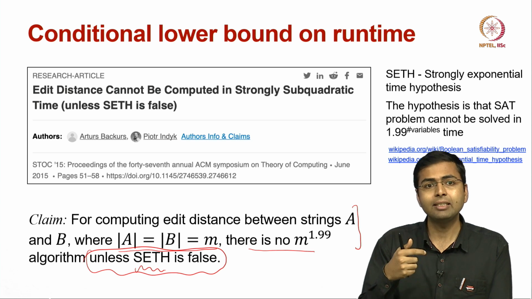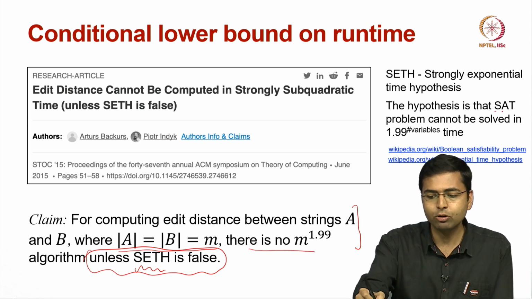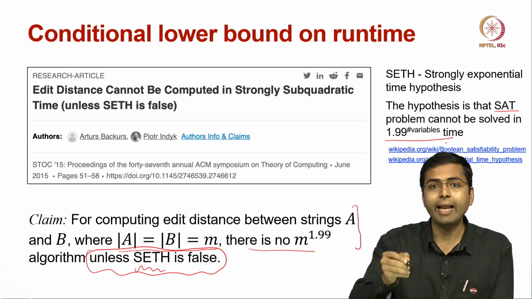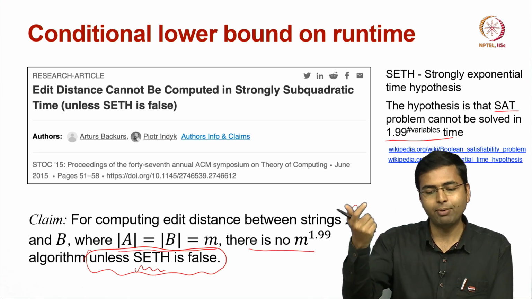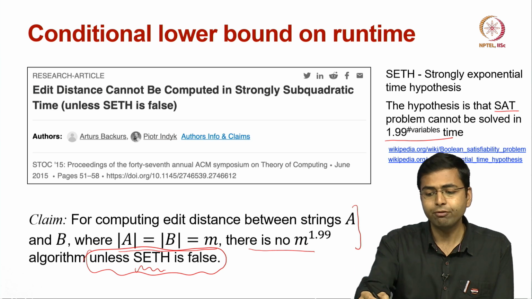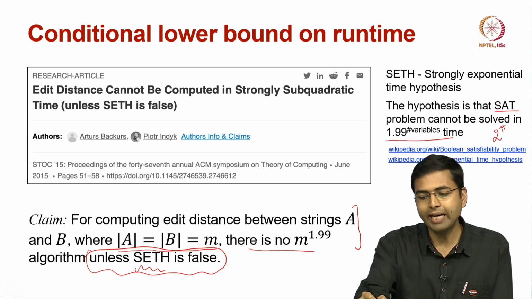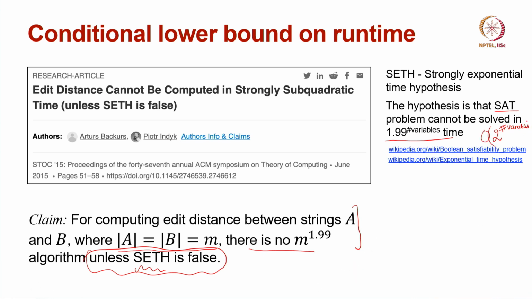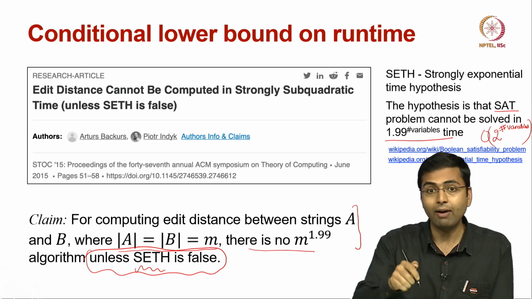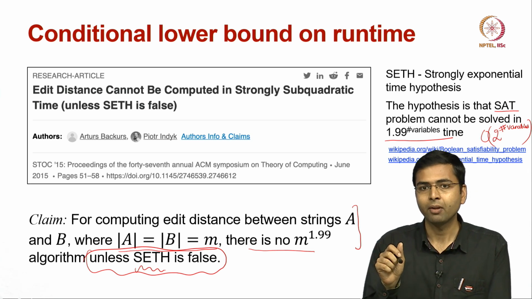It states that the SAT problem cannot be solved in 1.99 raised to power number of variables time. In the SAT problem you have a bunch of variables, and we already have an algorithm which solves it in 2 raised to power number of variables time, that is a brute force algorithm. This algorithm is known, but a faster algorithm for this problem is not known, and the hypothesis states that a faster algorithm does not exist.